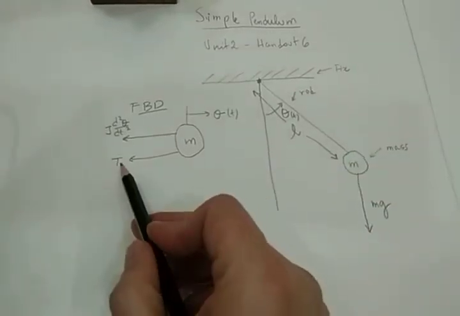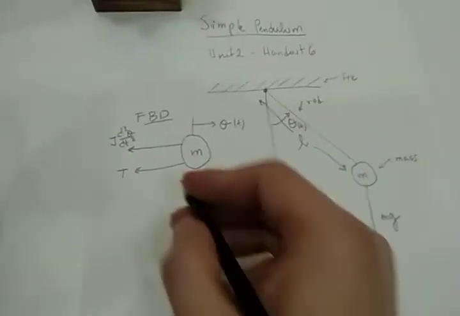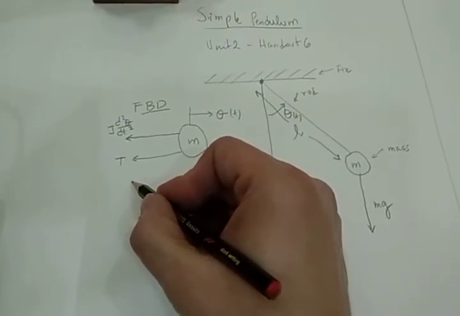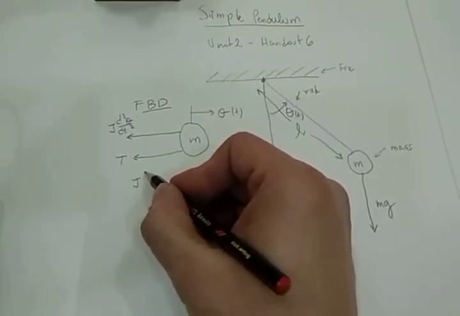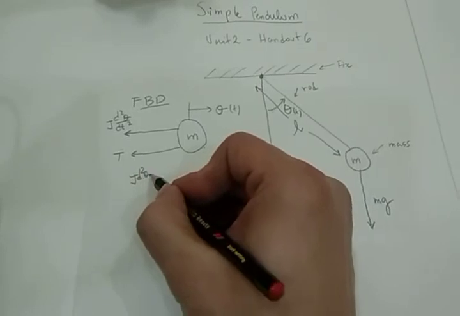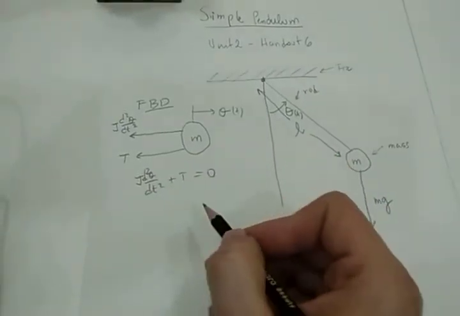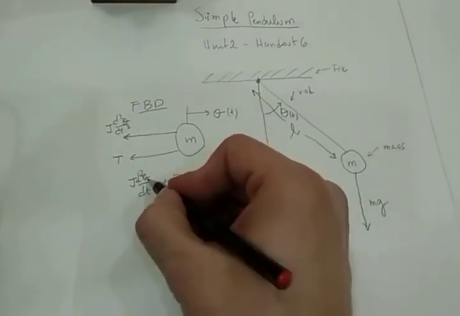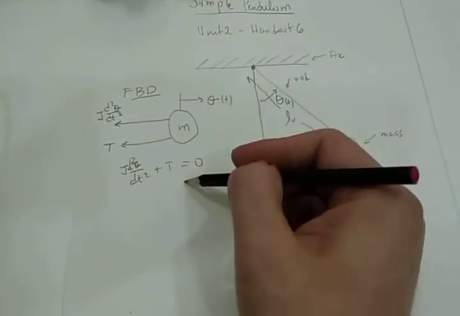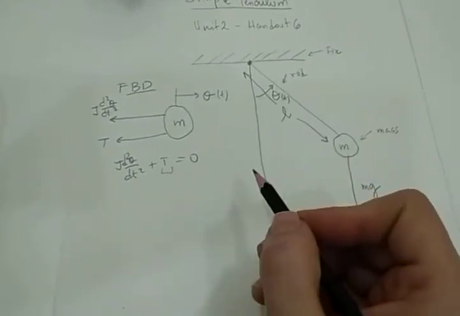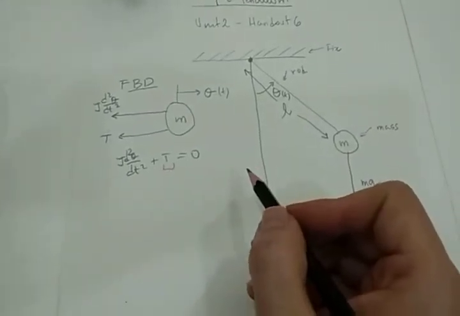So our differential equation is very easy: J d square theta dt square plus T equals 0. This is the differential equation, but here we don't know what this torque T is.